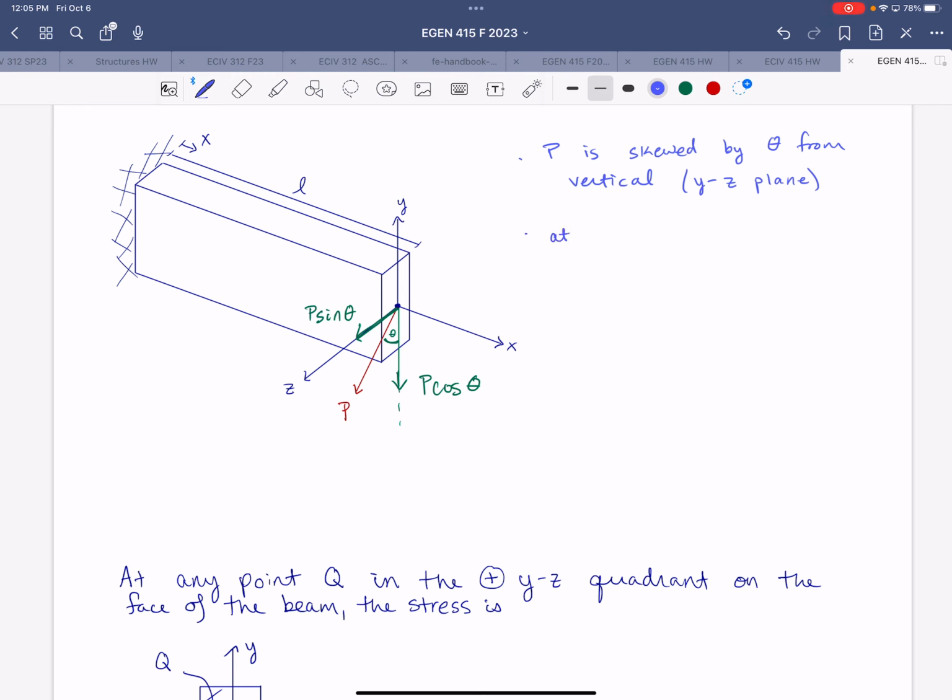At any point along the length of the beam, in other words, at any station X, the horizontal component is P sine theta. P sine theta will cause a moment about the y-axis.